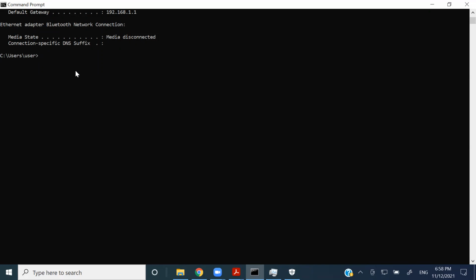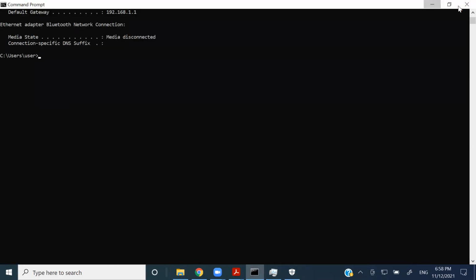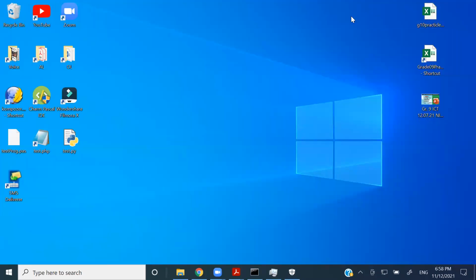Later, we were introduced to GUIs, that means graphical user interfaces, right? When it comes to GUIs, we had this particular environment.